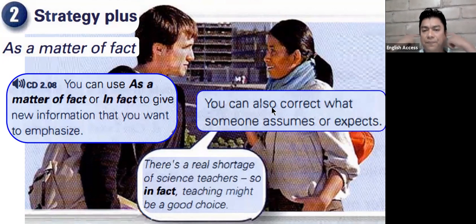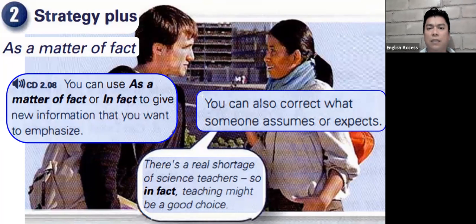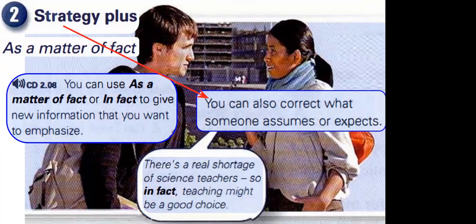All right, guys, let's continue. You can also correct this. Leslie, can you read, please? You can also correct what someone assumes or expects.